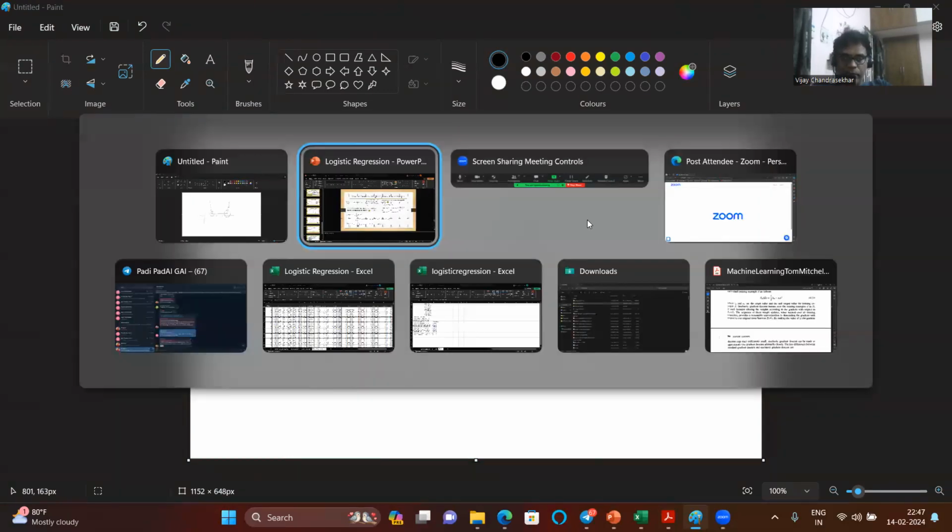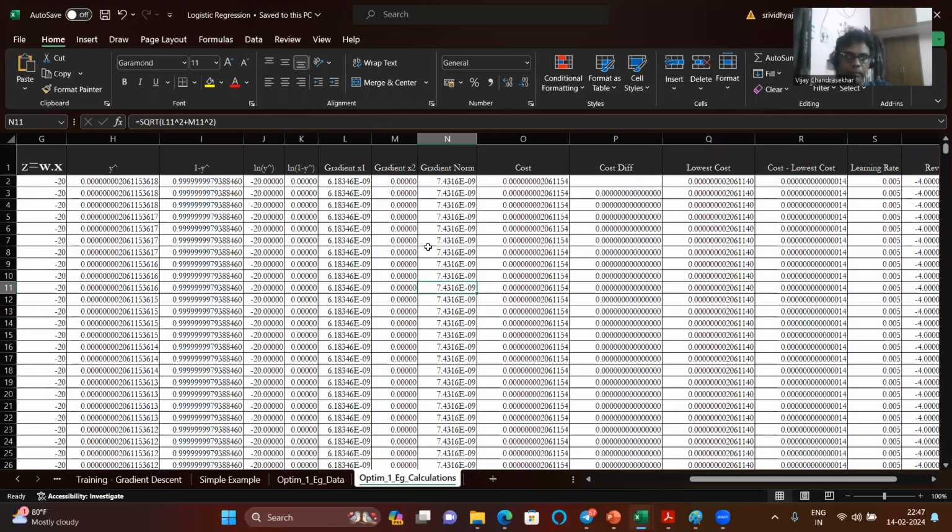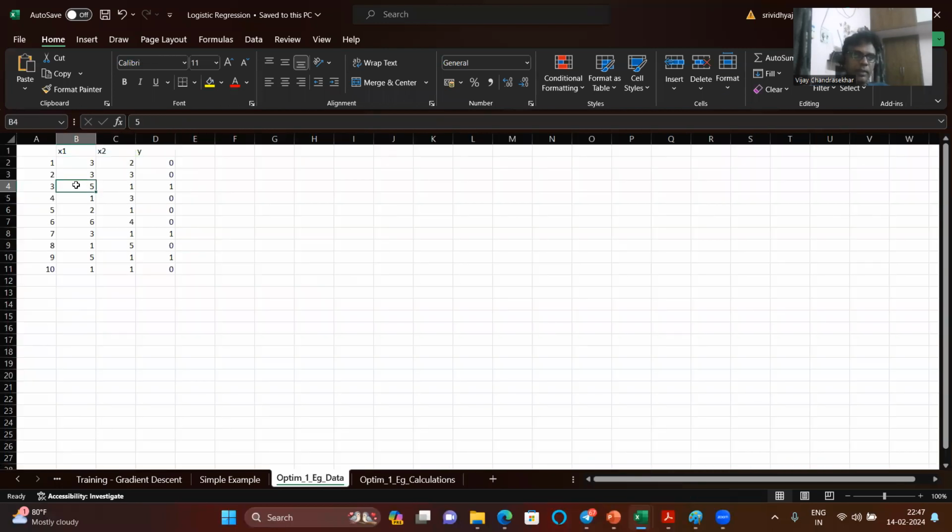Now let's go back to the Excel. So what we're doing here is we're taking a simple example. I'm going to keep it simple. We're doing logistic regression. We have two features, x1 and x2. Y is the class, the output. It takes a value of 0 and 1.